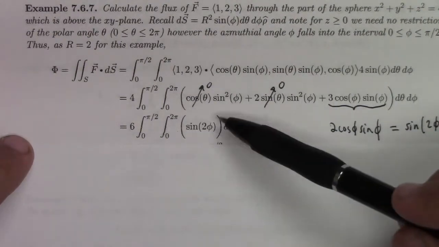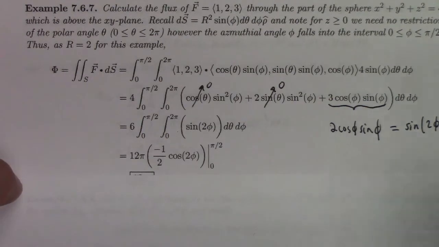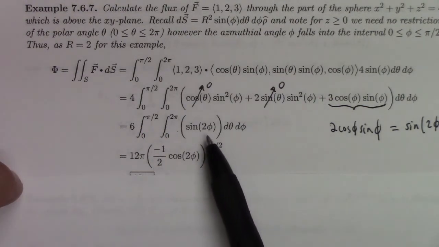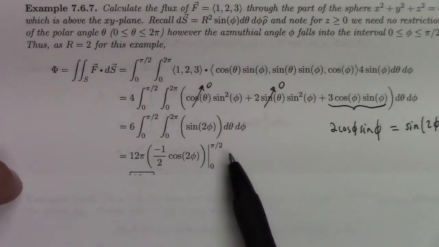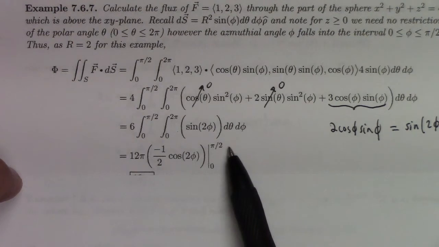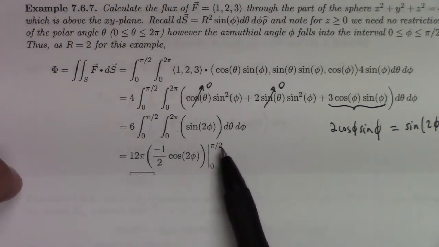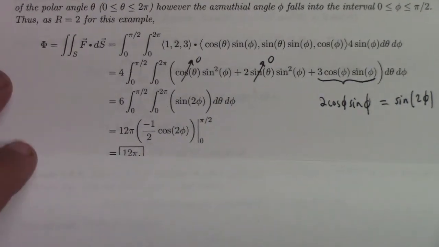So then I get 6 sine 2 phi. Integrate from 0 to 2 pi. So that should bring me down to a 12 pi. That integrates to minus 1/2 cosine 2 phi, evaluated from 0 to pi over 2. Well, 0 gives me 1. Pi over 2 gives me pi. But so I get minus 1/2 minus 1/2. It looks like it's going to be, what? How do I get it? What?